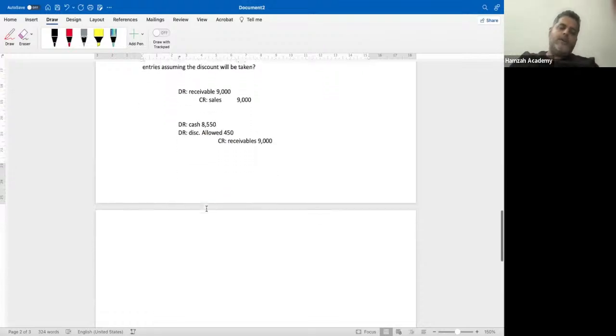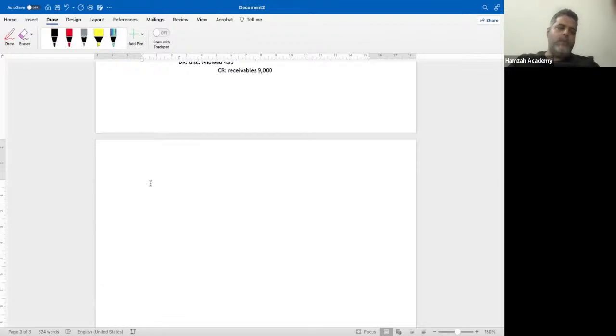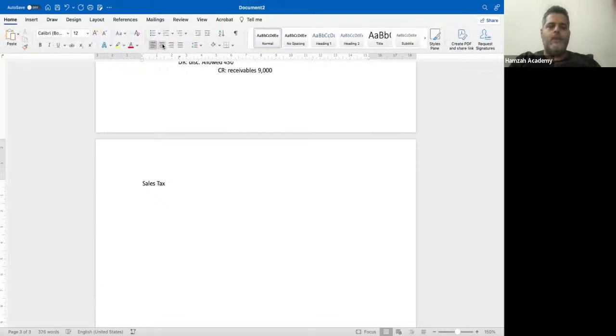Now, with the context of the discount, we have another thing being called as the sales tax over here, right? So the understanding of the discount goes with the understanding of the sales tax as well. Now, if we talk about the sales tax, it is a form of indirect tax, right?